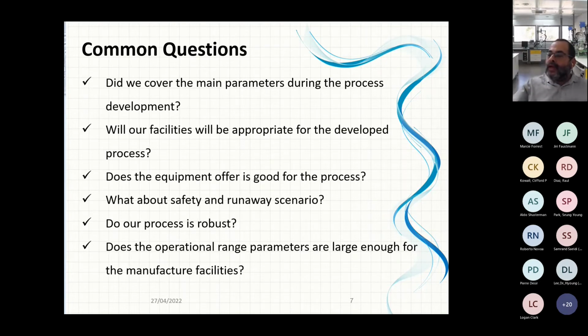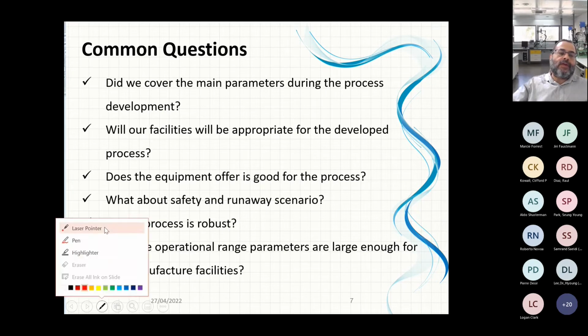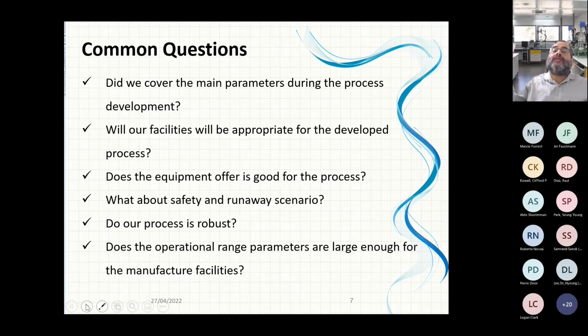So if we want to answer what will happen in the next step, this is a summary of all these questions. From the point of view of management, it should be very simple because you succeeded in the older equipment or in the lab, so you don't need to reproduce.